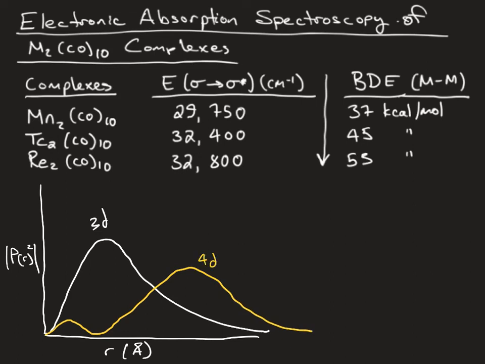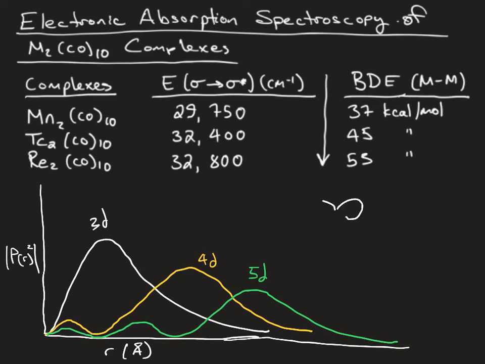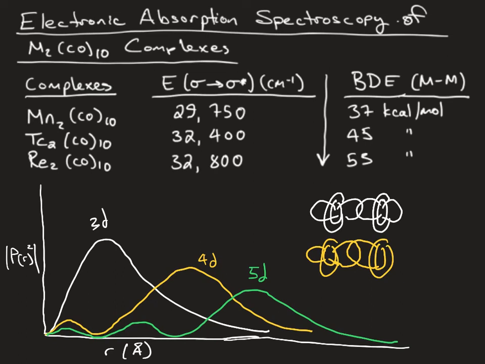And then finally, for the 5d, it extends out even further. What this is allowing for is increased overlap of the dz squared orbitals as you go from the 3d to the 4d, to the 5d.